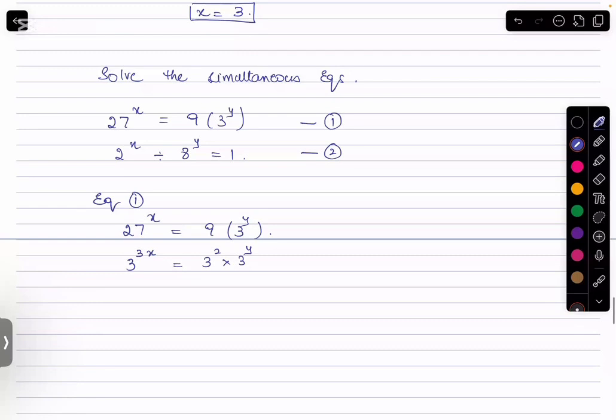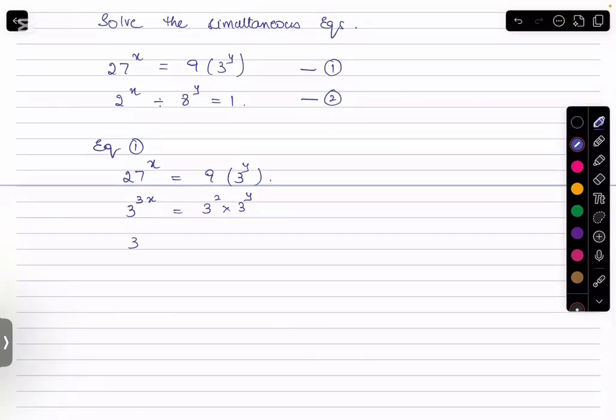So it's 3 to the power of 3x equals 3 to the power of 2 plus y. So again, the bases are the same. I can say it's 3x equals 2 plus y, or y can be written as 3x minus 2. Correct? Any problem? No.